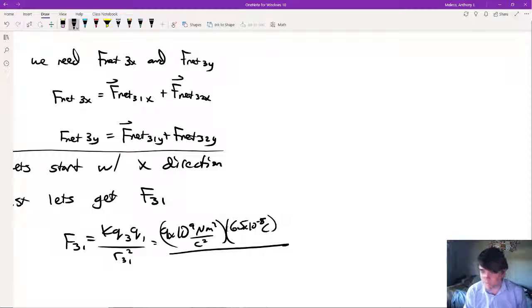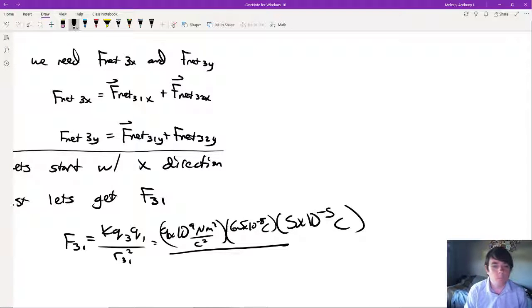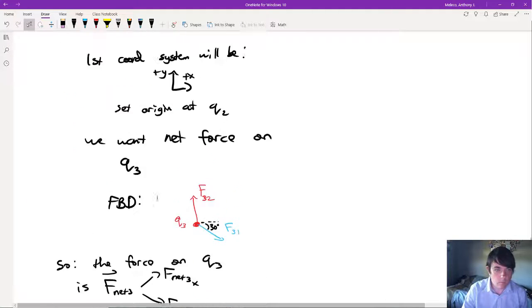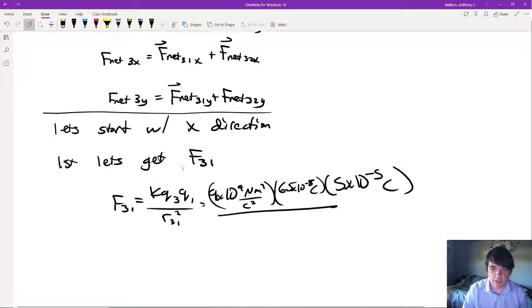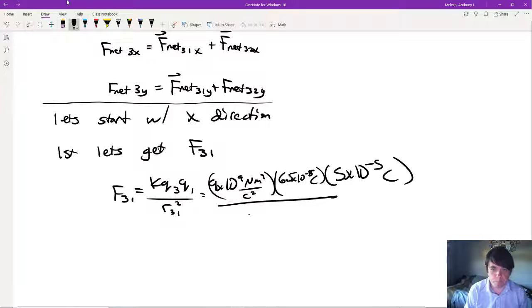So 6.5, then 5 times 10 to the minus 5 coulombs, okay? And now the distance between them is 60 centimeters, because we're going between charges 3 and 1.